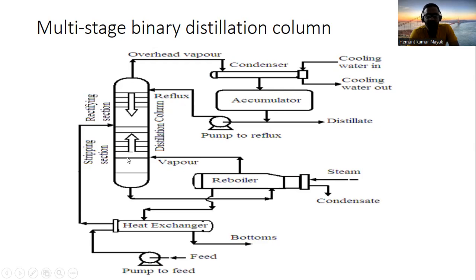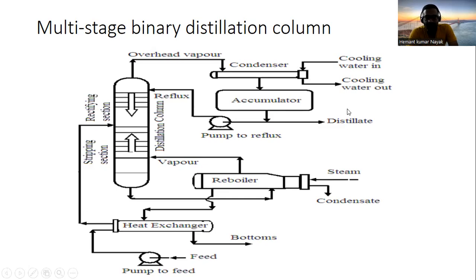Different trays will be inside the column. Above the feed is the rectifying section, and below is the stripping section. You can see the reboiler at the bottom and the condenser at the top. This is the schematic of a typical multi-stage binary distillation column.